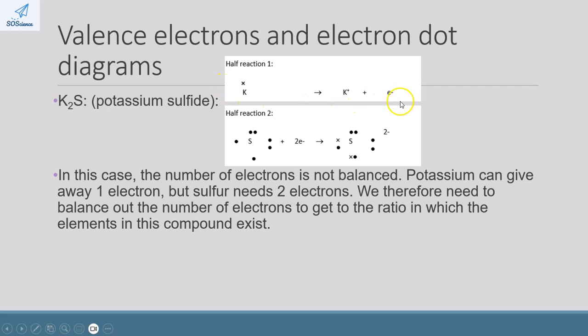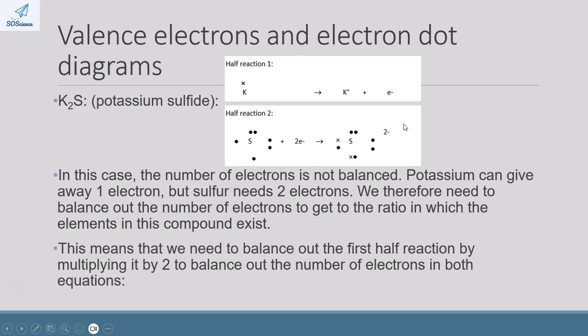So we're going to double up everything in this half reaction. By balancing out the first half reaction, by multiplying it by 2, we are going to create a situation where we've got 2 electrons here. And once we have 2 electrons here and 2 electrons here, then we have 2 half reactions that are balanced, and we can move on to the final reaction.